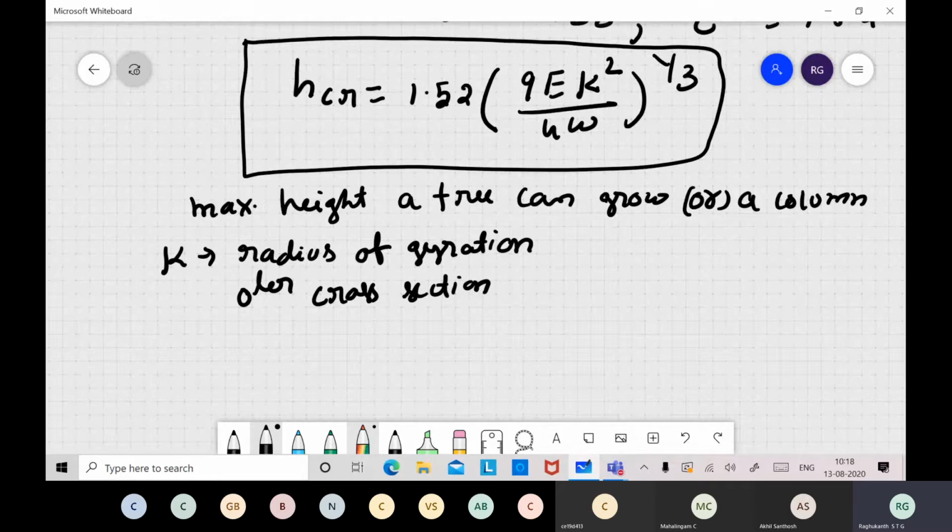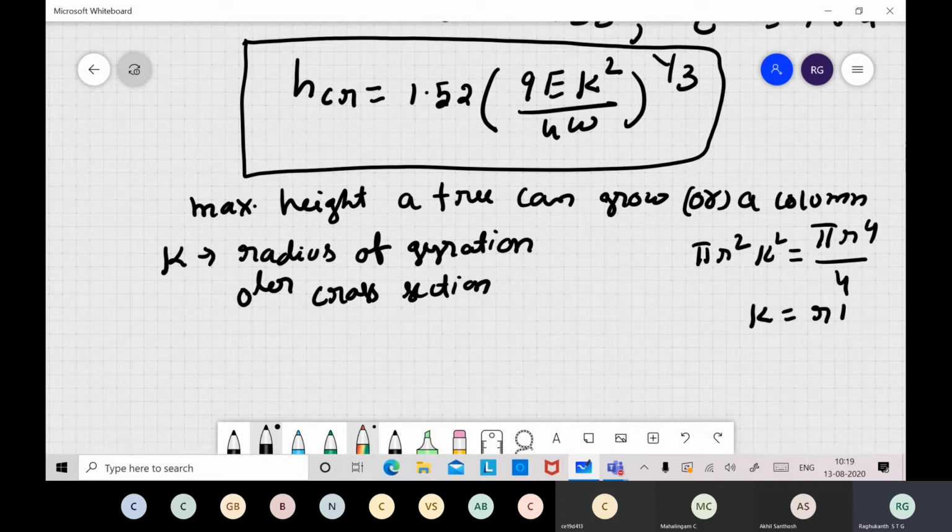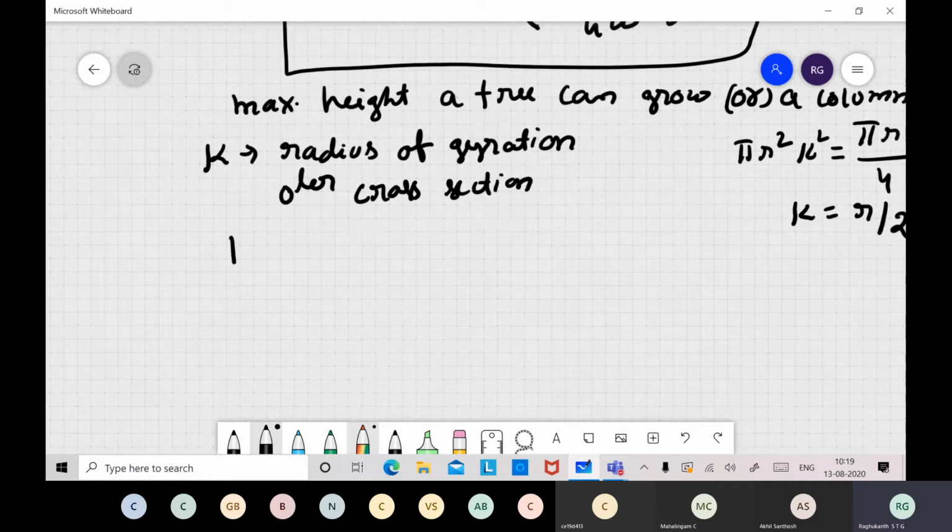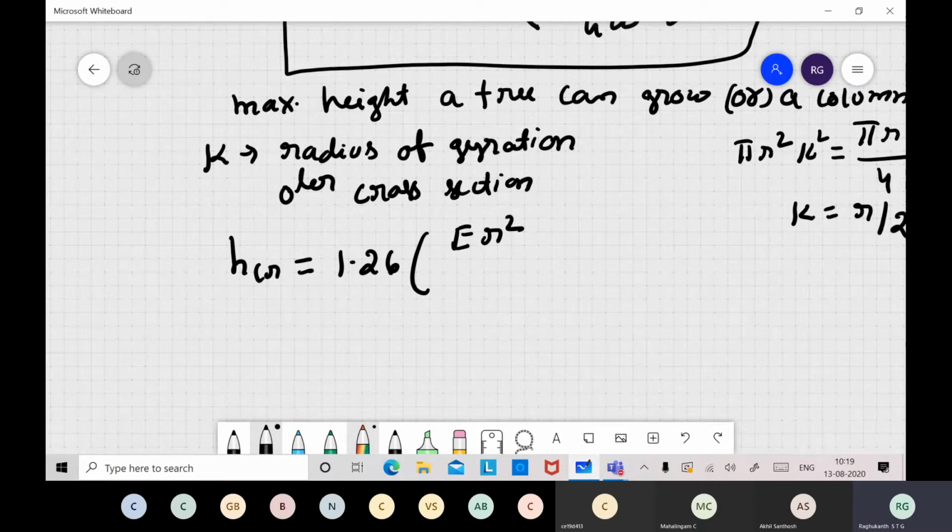The area of a circle is pi r square, and the moment of inertia for a circle is pi r to the power of 4 by 4. So the radius of gyration turns out to be r by 2. If you write in terms of the radius, after you substitute and remove the 9 and 16, you can write the critical expression as e r square by w to the power of 1 by 3.